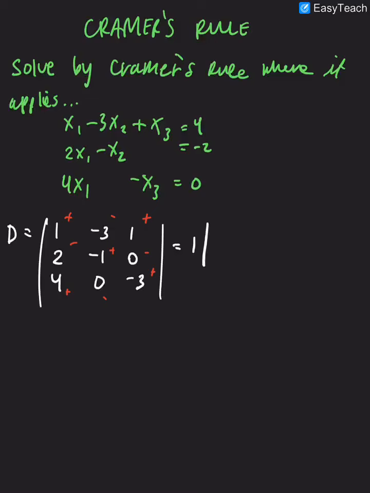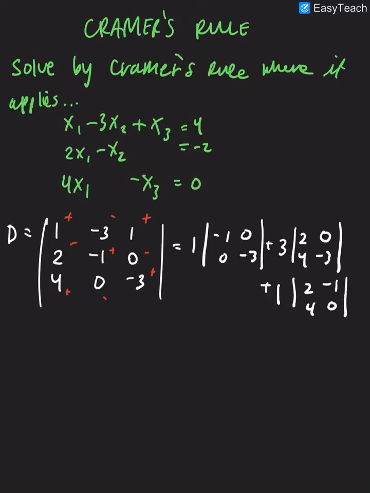We have the 1, -1, 0, 0, -3, plus 3, since it's a minus and a minus. 2, 0, 4, -3, and running out of room, plus 1, 2, -1, 4, 0. Okay, so we'll go ahead and solve that.